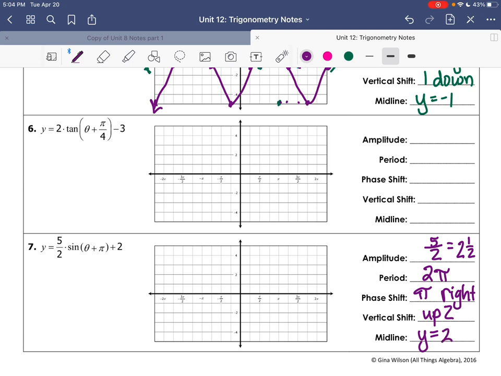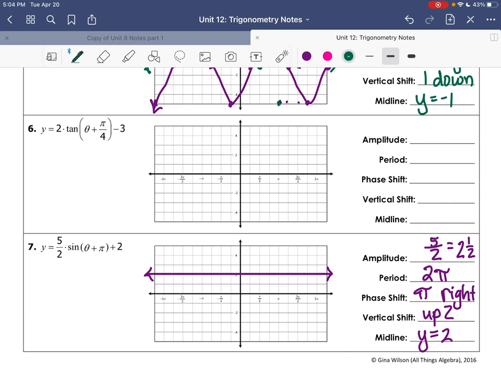So I'm going to go ahead and put a new midline in, like so.